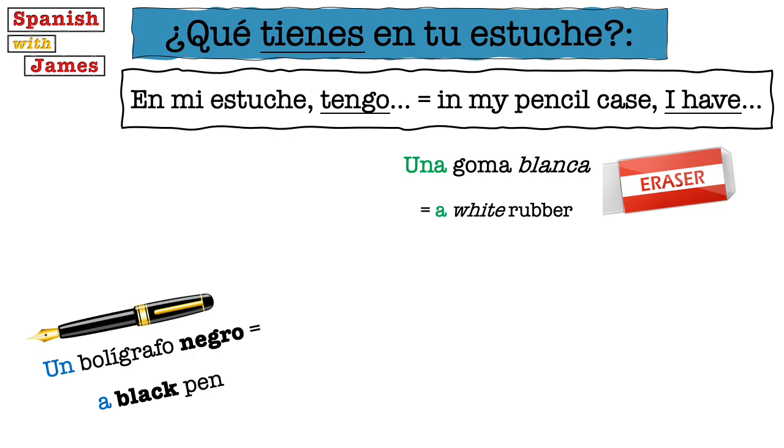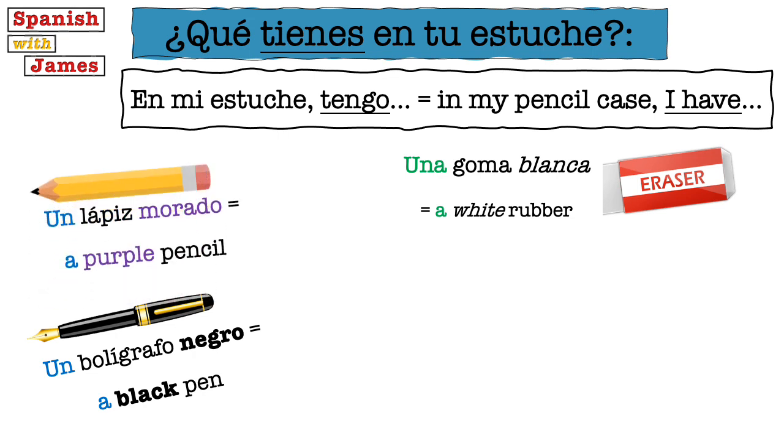En mi estuche tengo un lápiz morado, a purple pencil. So in Spanish, a pencil purple, un lápiz morado. And because it's masculine, lápiz, we say morado and not morada. And because these are all singular, we don't need to add an S to the adjective either.